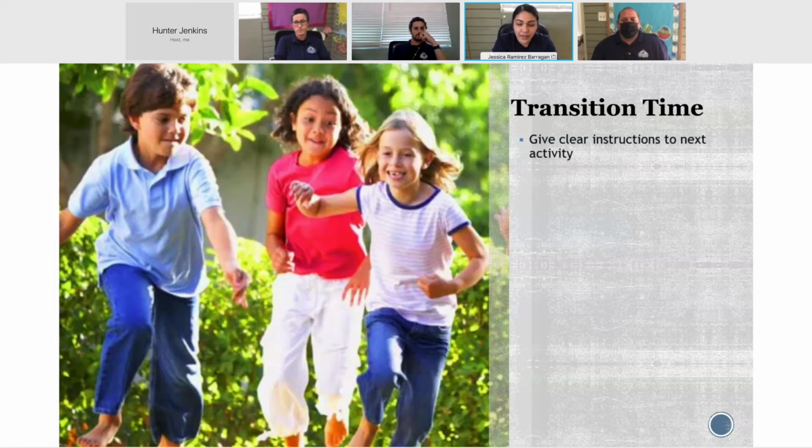Transition time and cooldown games, always give clear instructions for the next activity. When you're getting ready to conclude a specific game or activity, once you start having kids finish up a certain activity or craft before everyone else, you can start announcing the rules.